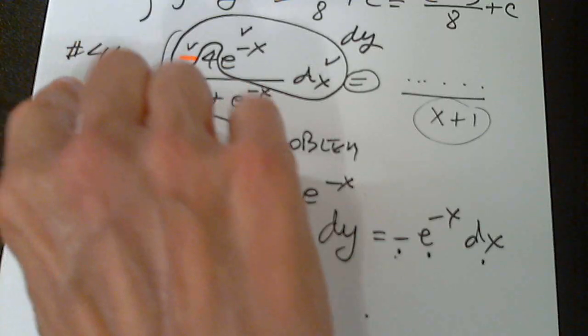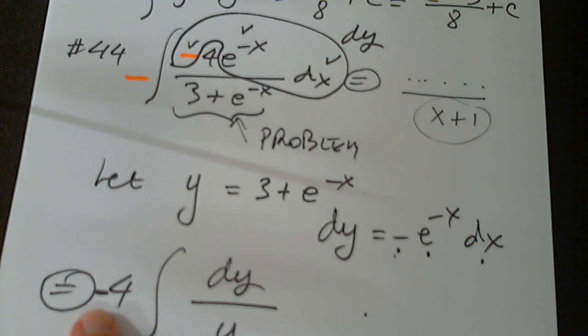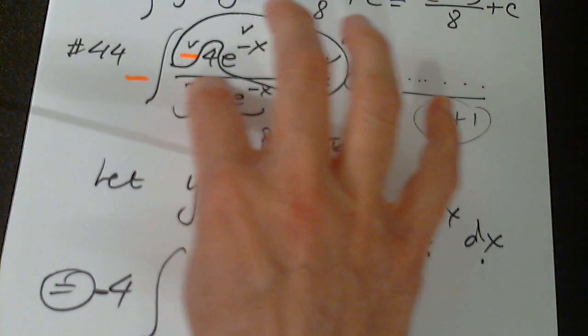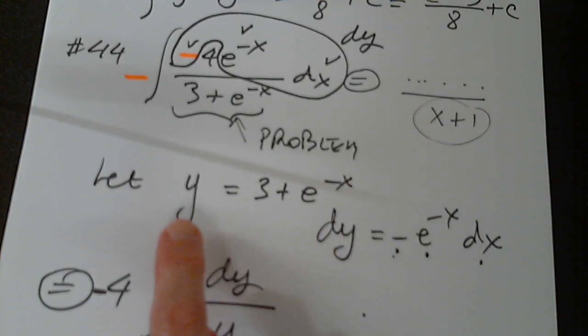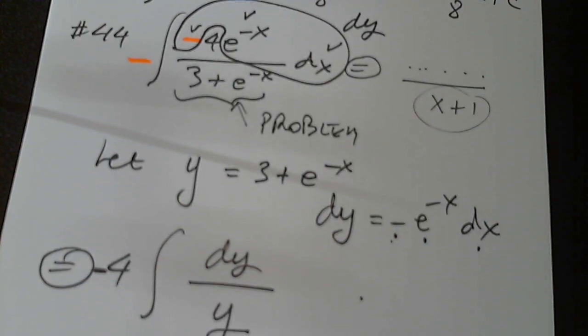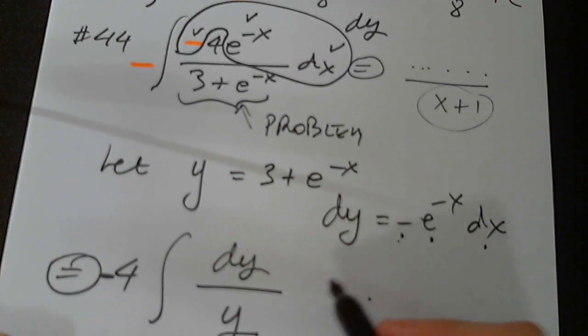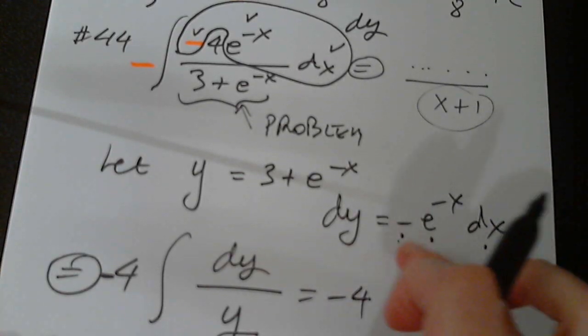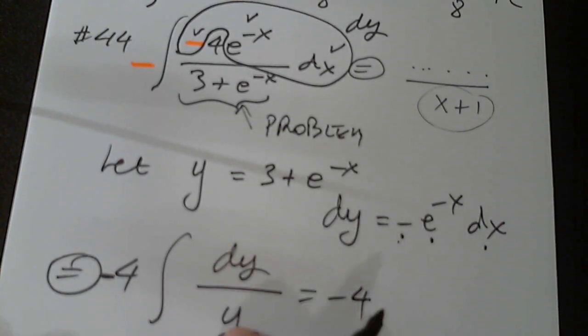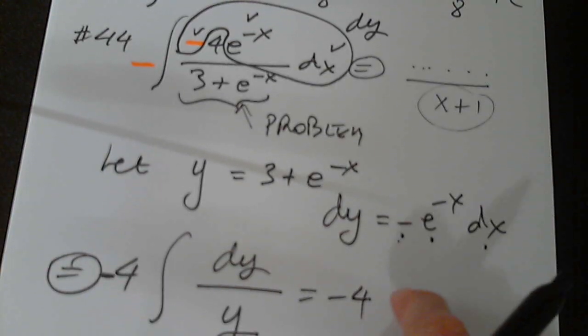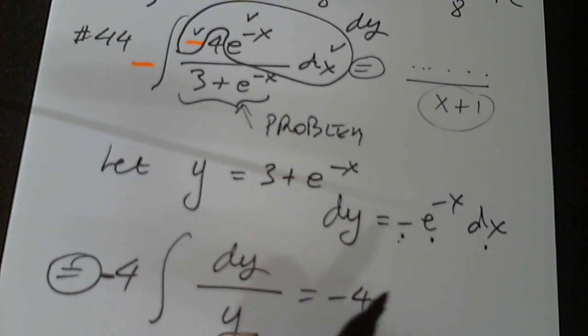The 4 can go outside and stay patiently waiting with a negative sign in front. And the denominator is what we denoted by y. Now the next question is, which function prime is 1 over y? Anyone remembers which function we differentiate to get 1 over y?